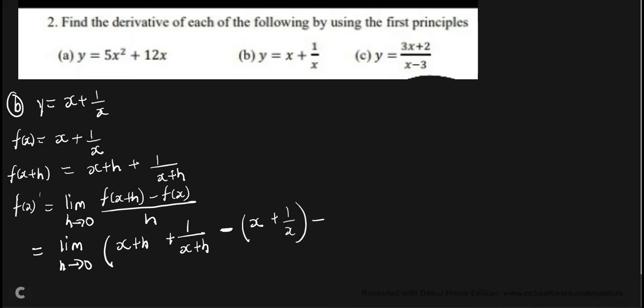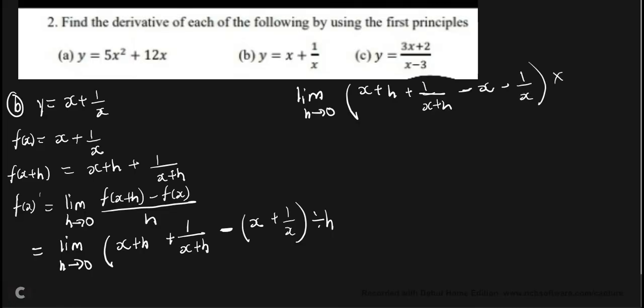Then divide by h. Then you say limit as h approaches 0 of x plus h plus 1 over x plus h. Then that negative will multiply everything there, so you have this times 1 over h.